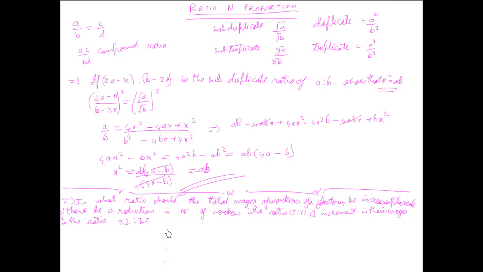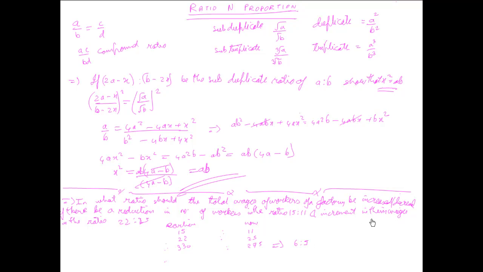We go along with it like this. Now, that's earlier and now, the number of workers were reduced in the ratio 15:11, and the wages were increased in the ratio 22:25. So this product, children, gives us 330, and this gives us 275, which reduces down to children 6:5.